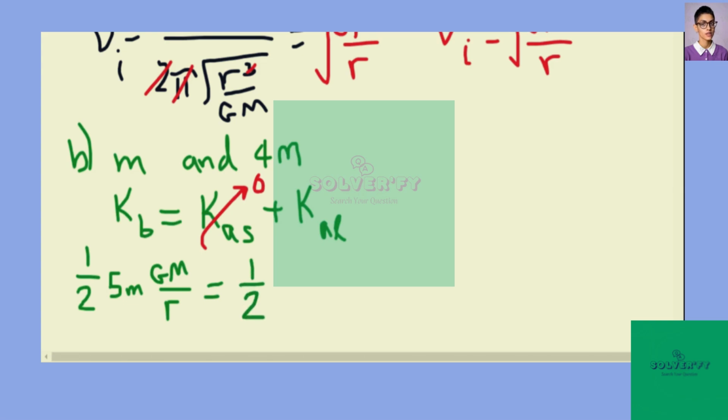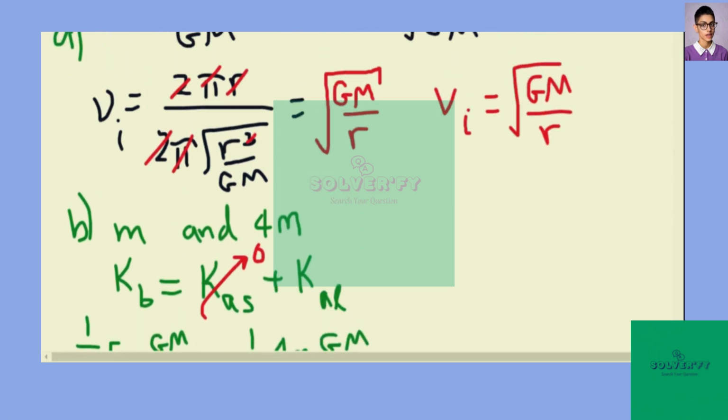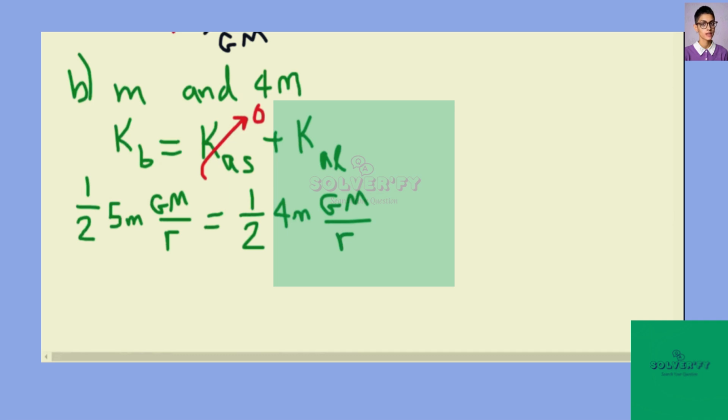Then for the larger one, 1/2 times 4m times v squared.